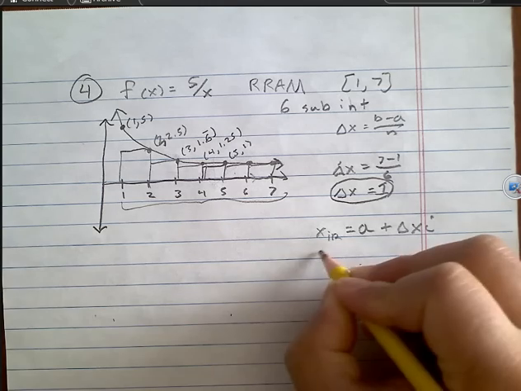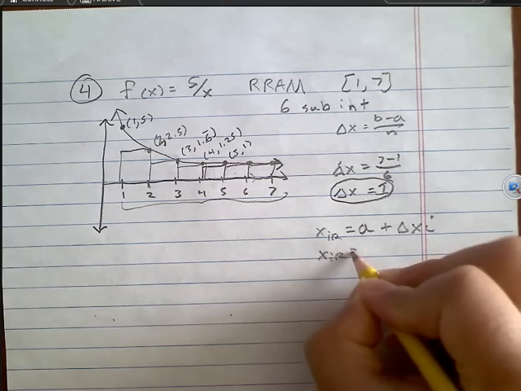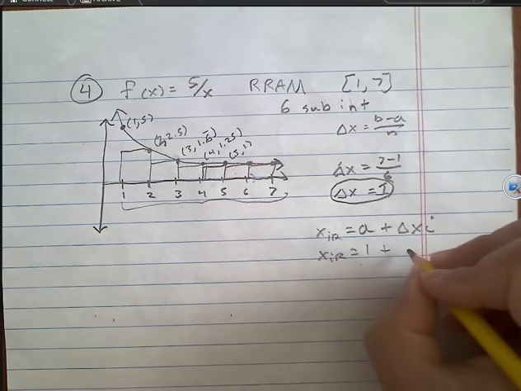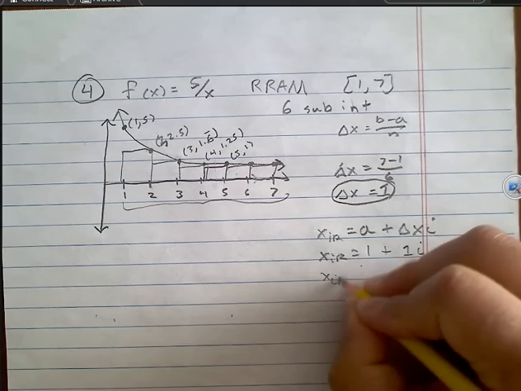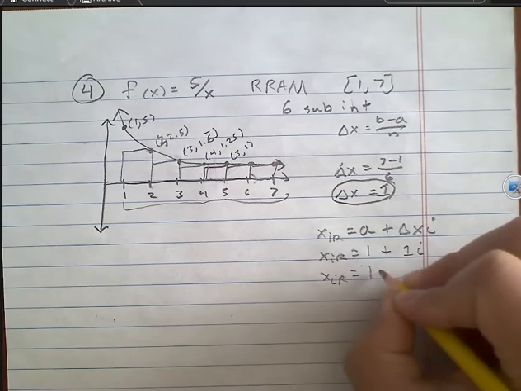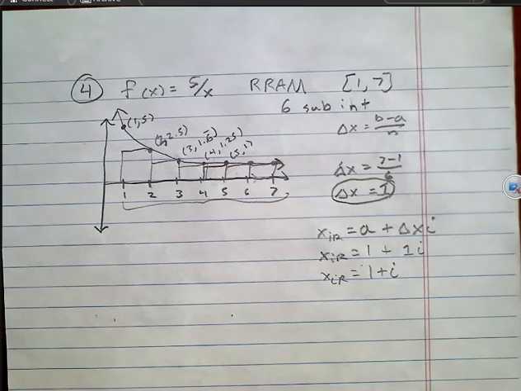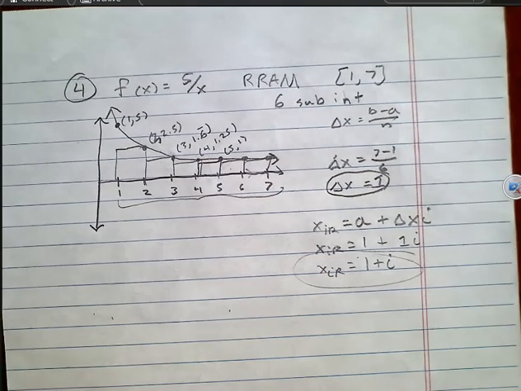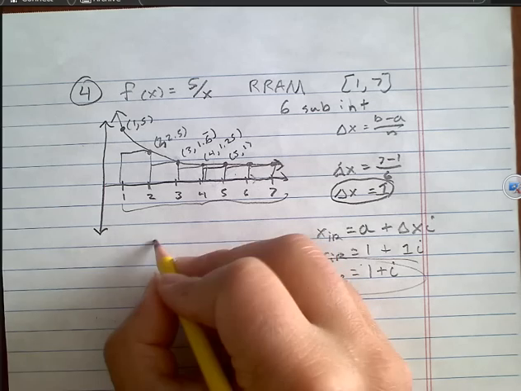And so x sub i r is equal to a, which is 1, plus delta x, which is 1 times i. So x sub i r is equal to 1 plus i. We have to substitute that in for x. So we got that. Alright. So now we need our f of x sub i r.